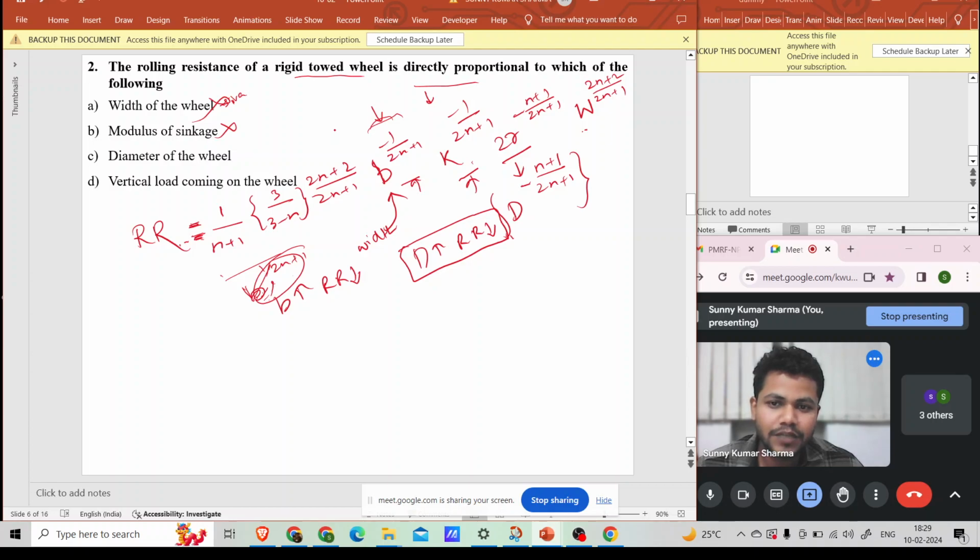The exponents which are negative are inversely proportional, and only one term, that is the weight coming on it, is directly proportional. It is a positive exponent. So diameter is at a negative exponent. It will go down in the expression. Only the normal load coming on it will increase the rolling resistance of the wheel.